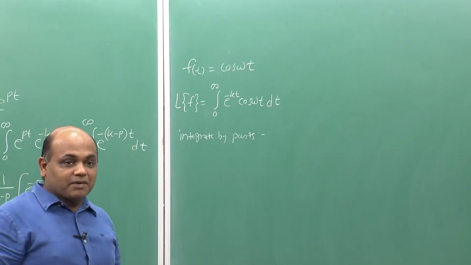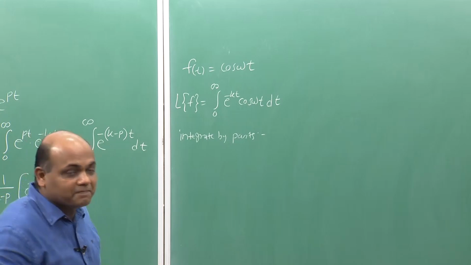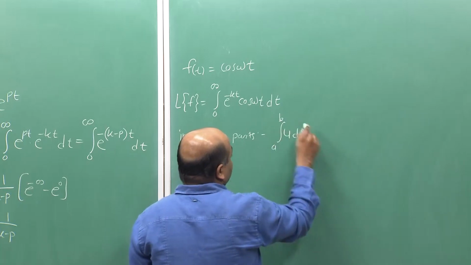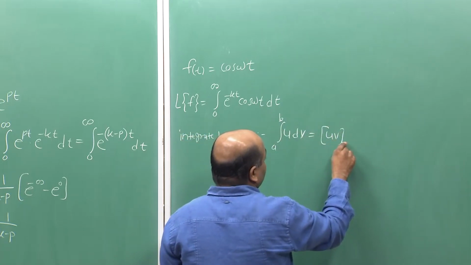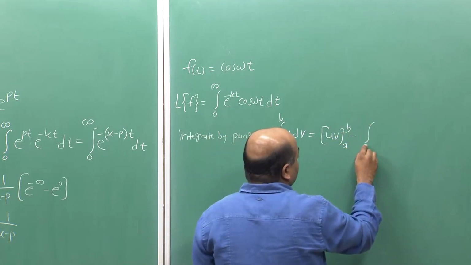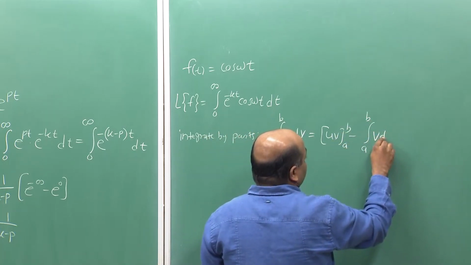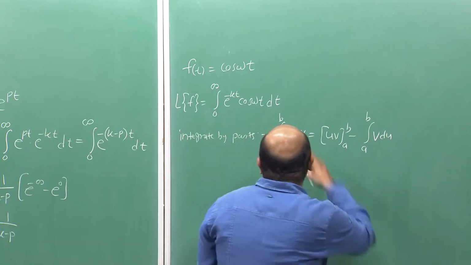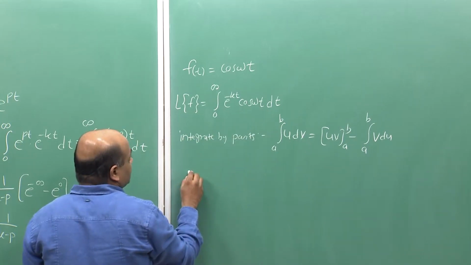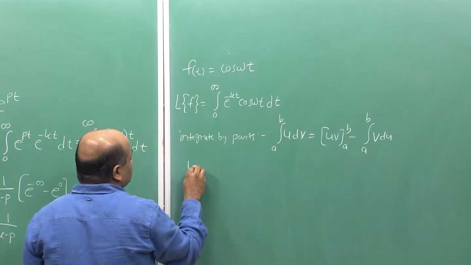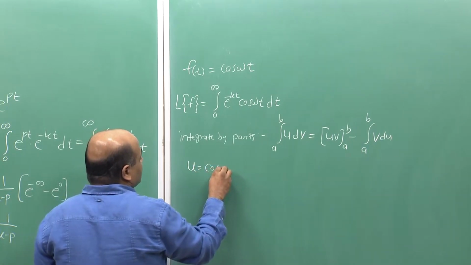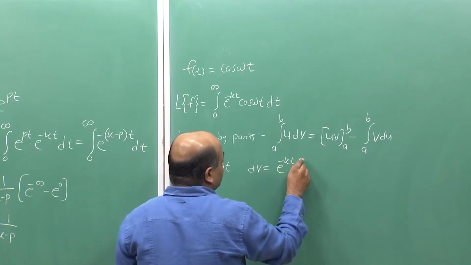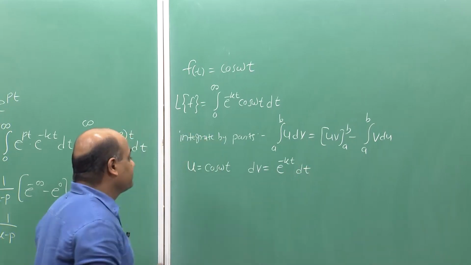This is the formula for integration by parts: the integral of u dv from a to b is equal to u v from a to b minus the integral of v du from a to b. So, here we can write u as cos omega t and dv as e to power minus k t dt.